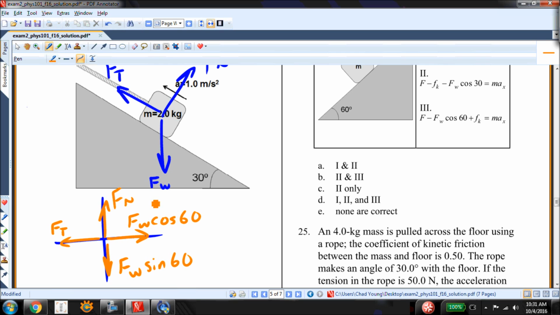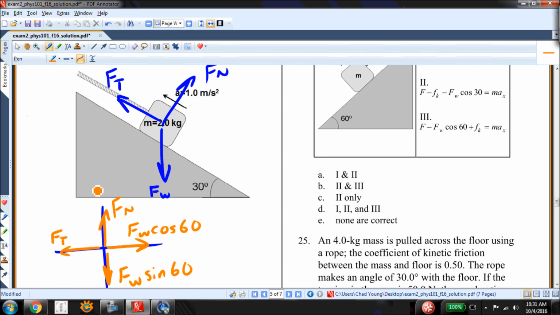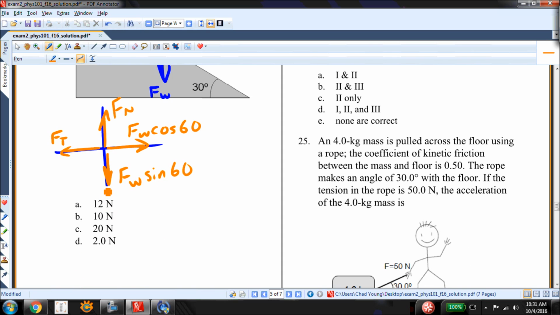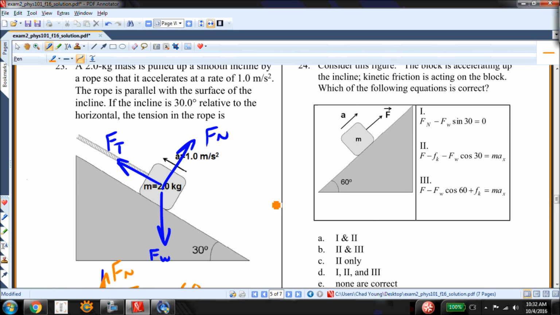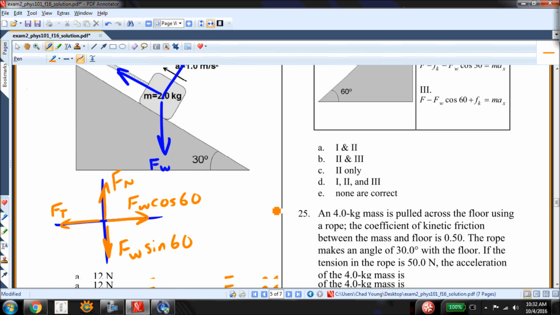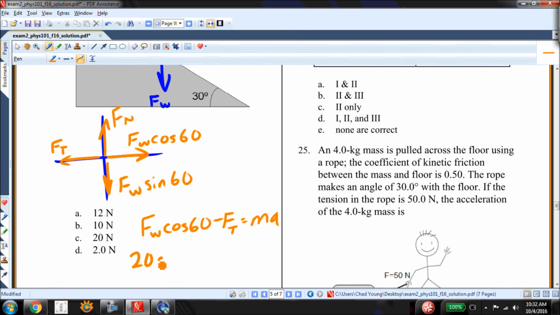But it's accelerating only in the x direction, and I'm looking for Ft, so I say Fw cosine 60 minus Ft equals ma. I know all these things. That was 2 kilograms. That's 20 cosine 60, 20 newtons. 2 kilograms, 1 meter per second squared.